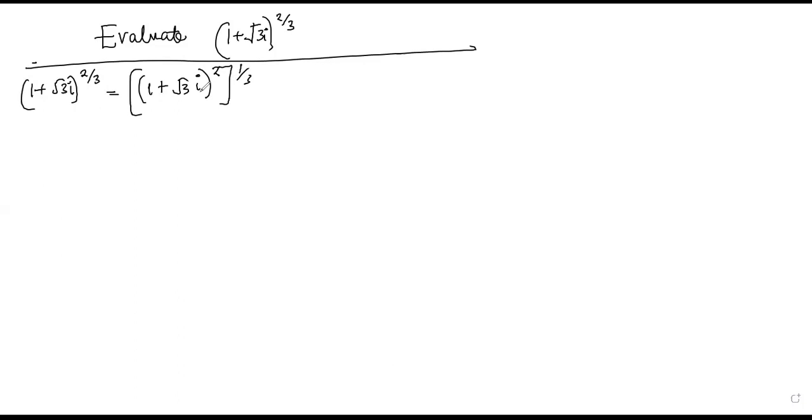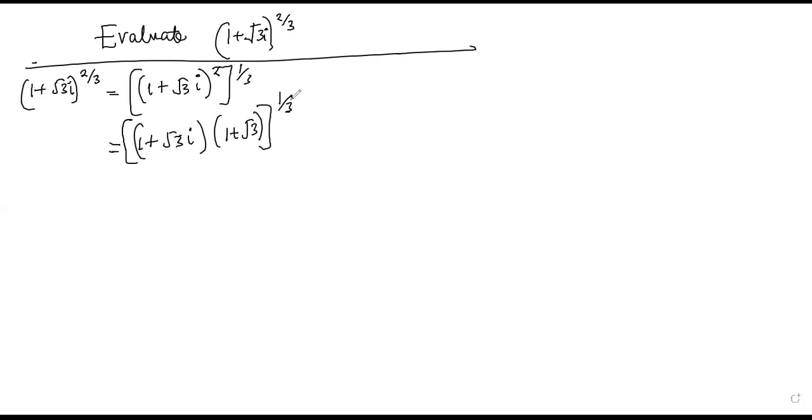Okay. So this is the same as 1 plus root 3i times 1 plus root 3i, then to the power a third. This is what brings in power 2/3, because when you add the power 1, it becomes 2 squared.